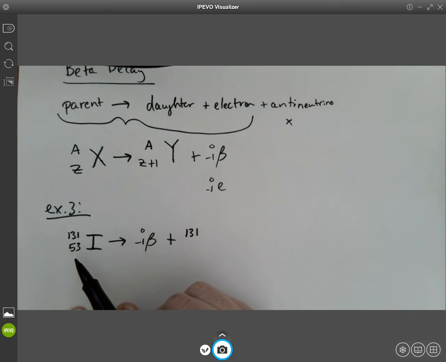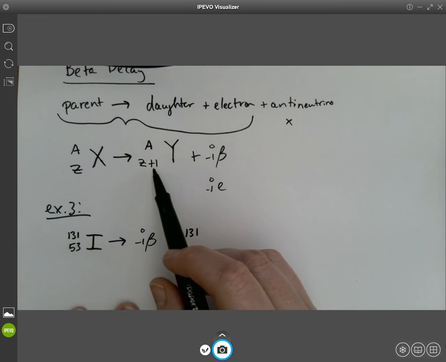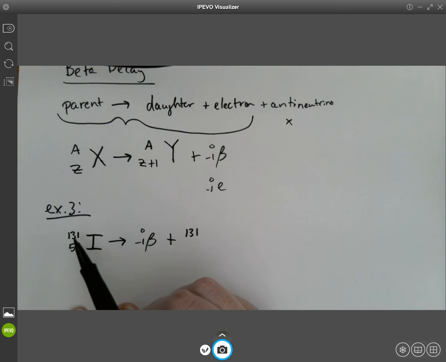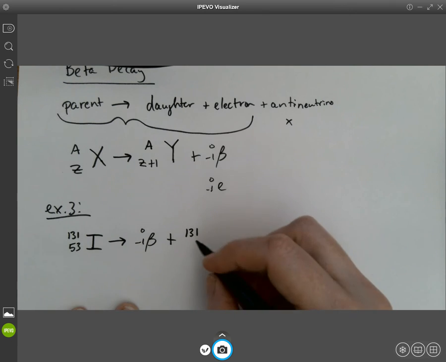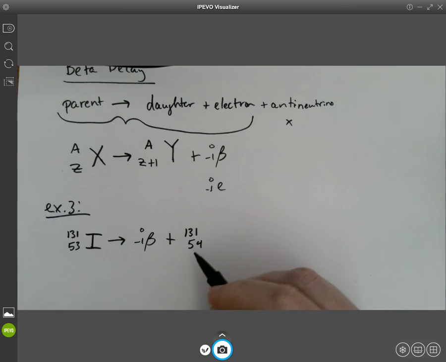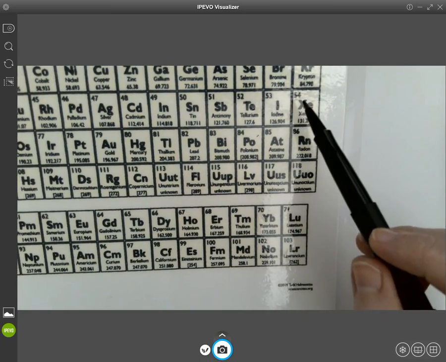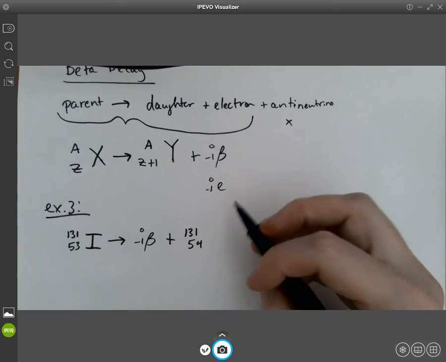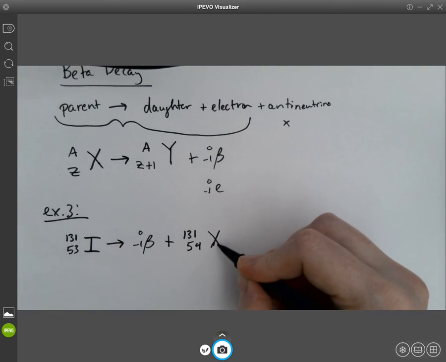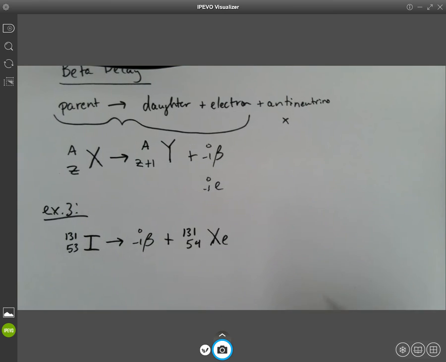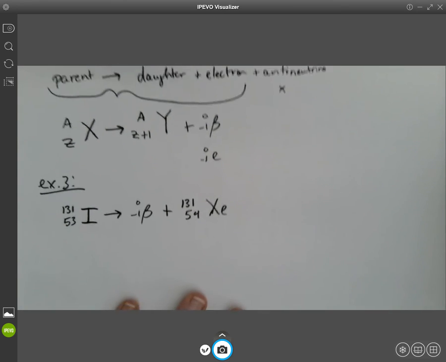Instead of subtracting 2 like I did for alpha decay, I'm going to be adding 1 to the atomic number. So 53 plus 1 is 54. So what is 54? Remember, the atomic number determines what element you have. So if this was iodine at 53, 54 is going to be xenon. Okay, so that is the first example for beta decay.